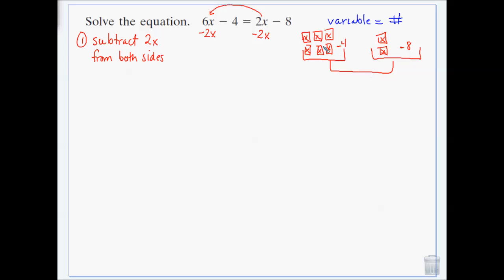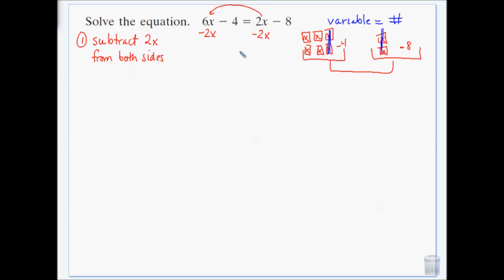So the first thing I'm going to do is take 2 bags away from this side and 2 bags away from that side. Take those away and take those away. That's this step.